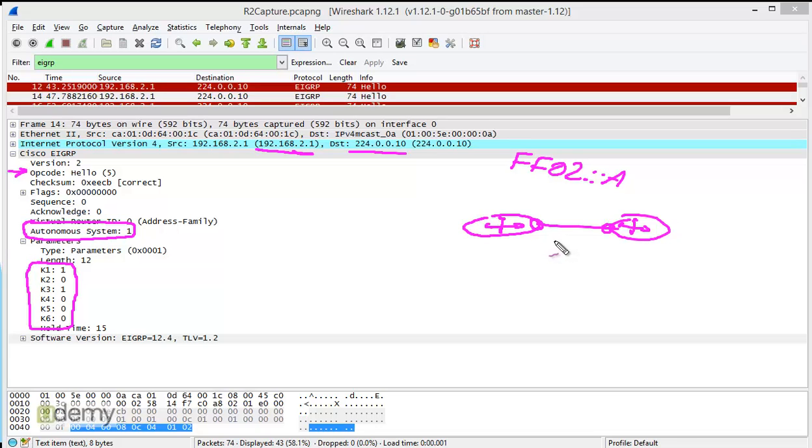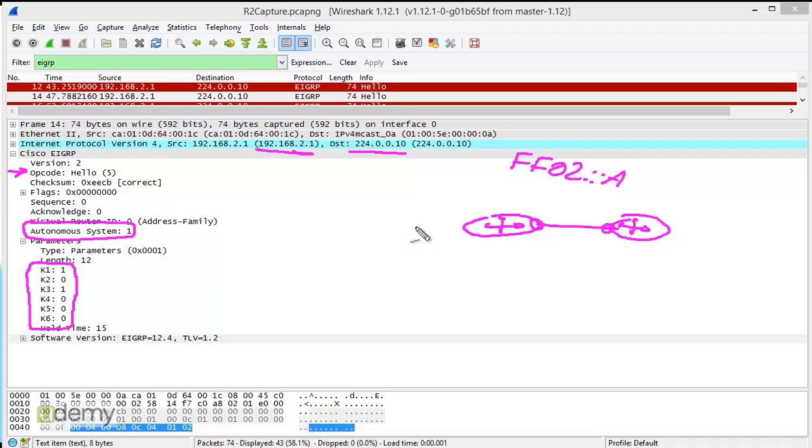And the final parameter is the authentication. By default, EIGRP does not require authentication, and you could configure it without authentication. But if you configure authentication in your EIGRP parameters, this authentication must be passed too for creating the neighborship relation.